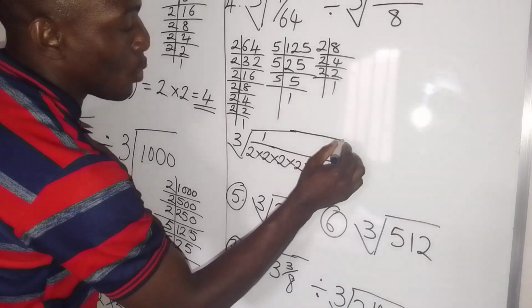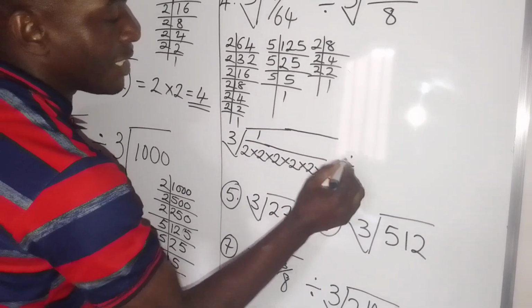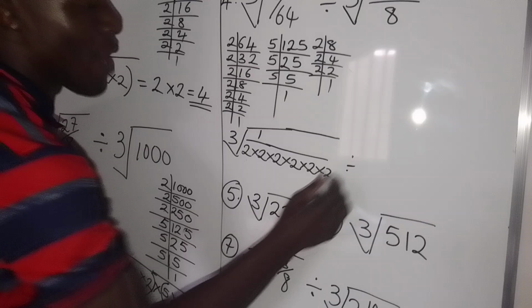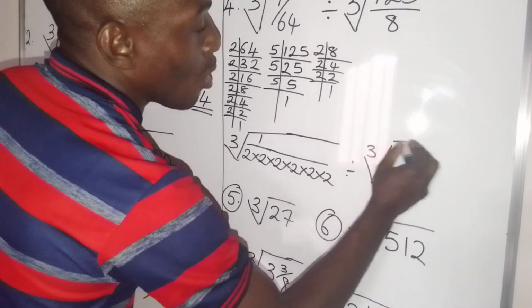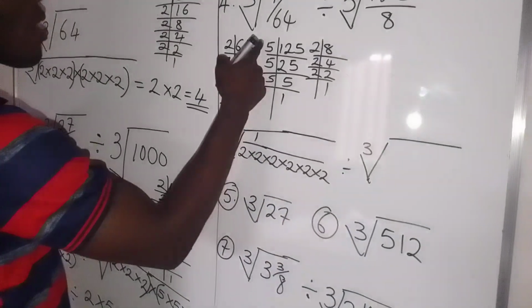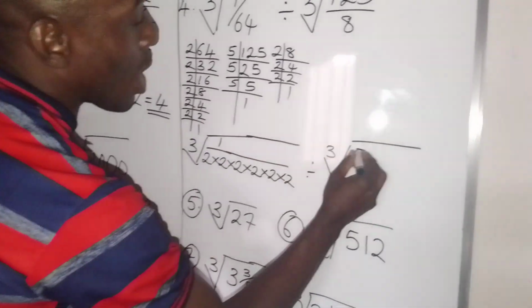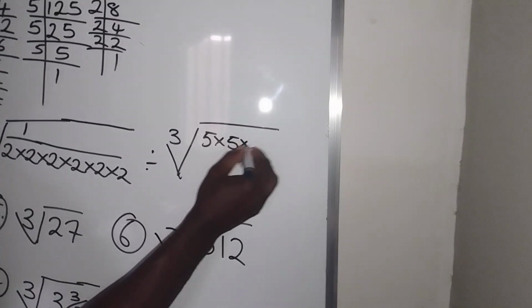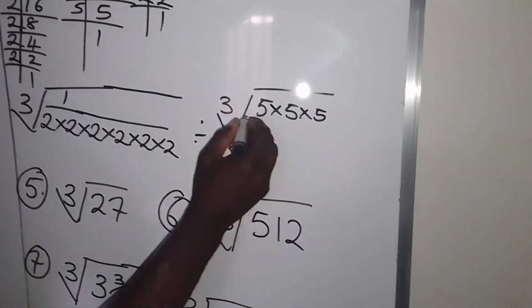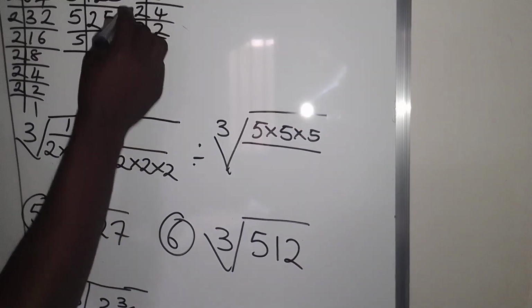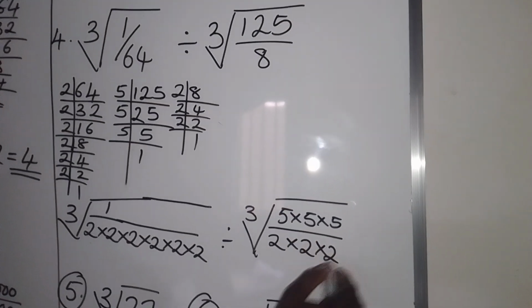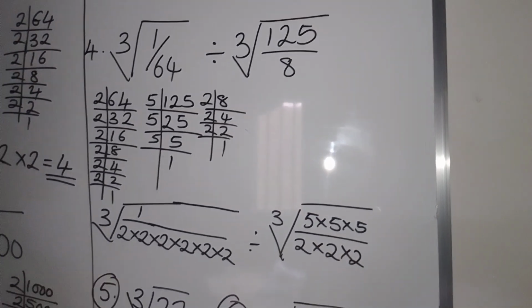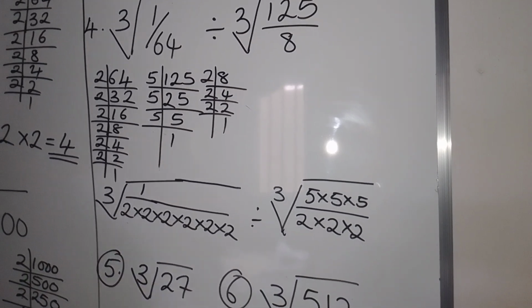Let me extend my cube root sign, dividing the cube root of 125. The same way, for the cube root of 125, we have 5 times 5 times 5. Dividing 8, 2 times 2 times 2. Remember I said the cube root of 1 is 1.